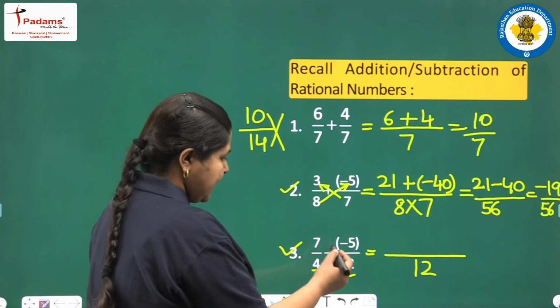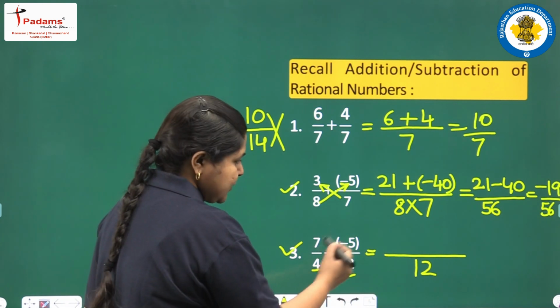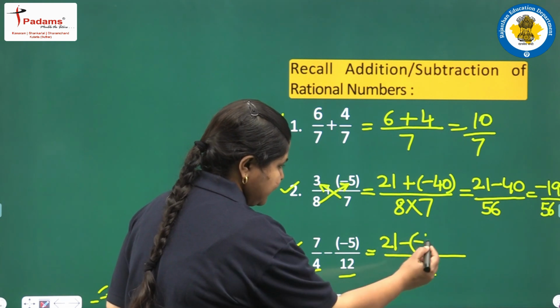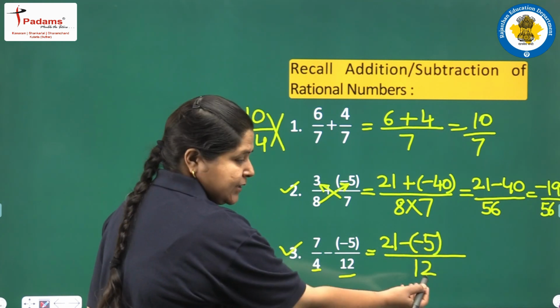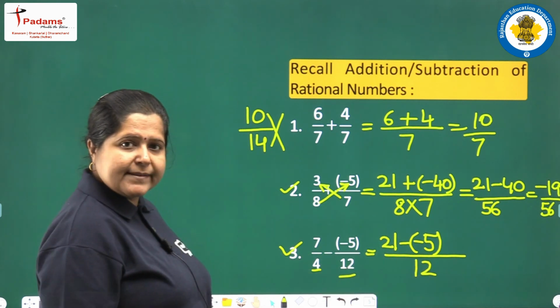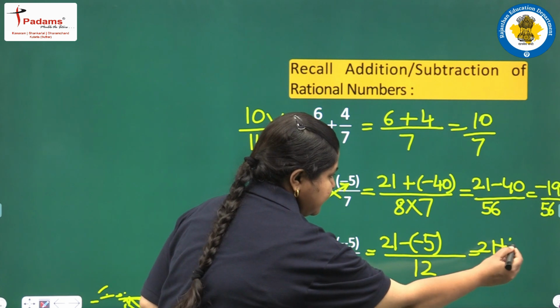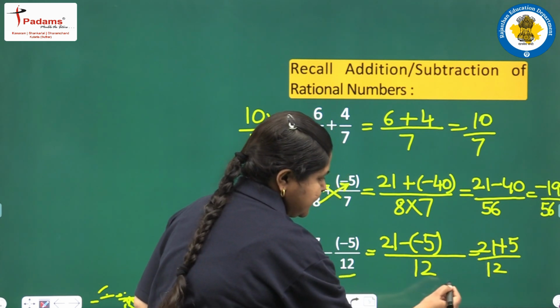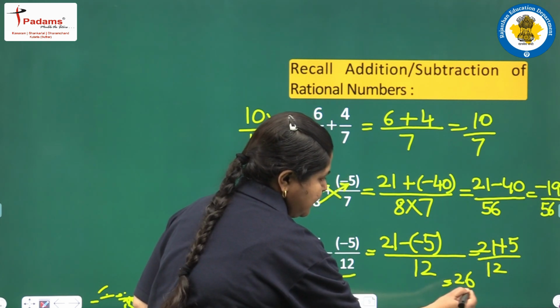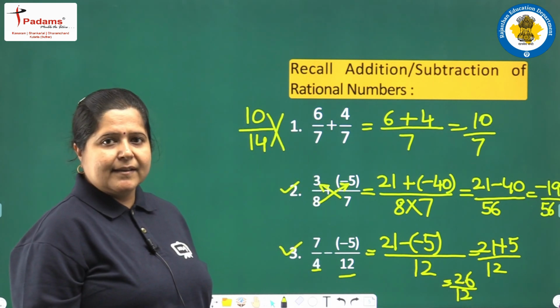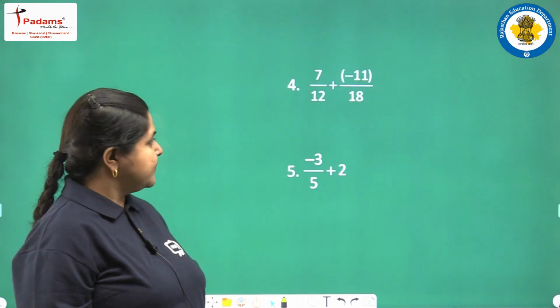So what will we do? 4 3s are 12. So 7 3s are 21 minus 5. Because 12 ones are 12, so 5 ones are 5 will come as it is. This gives me 21 plus 5 upon 12, which is 26 upon 12. This is the answer.